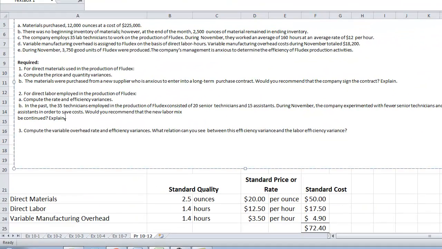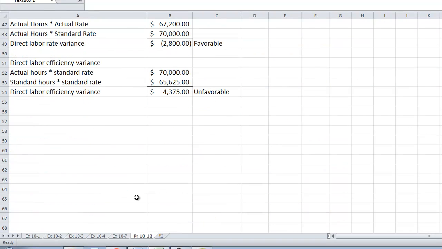Part B says, in the past, the 35 technicians employed in the production consisted of 20 senior technicians and 15 assistants. During November, the company experimented with fewer senior technicians and more assistants to save costs. Would you recommend this labor mix? Our total labor variance equals this plus this, and this is unfavorable.